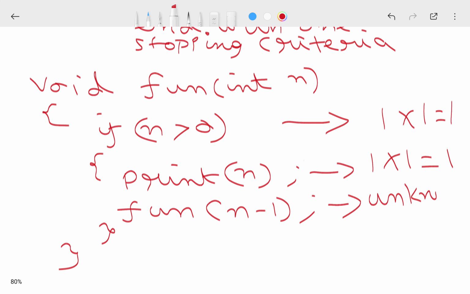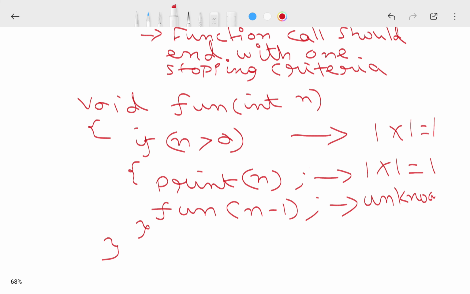So for these kinds of recursive functions, the count method cannot be applied to measure the time complexity. Then how can it be done?